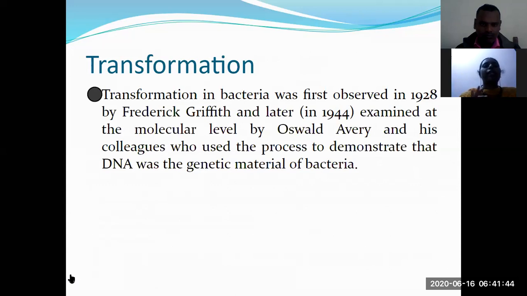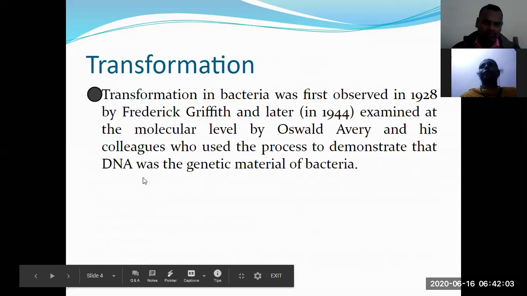That's why it is called the Griffith experiment. And he confirmed that there is one material which is transferring from one generation to the next generation, DNA, deoxyribonucleic acid. Fine. Let us see the experiments he did.